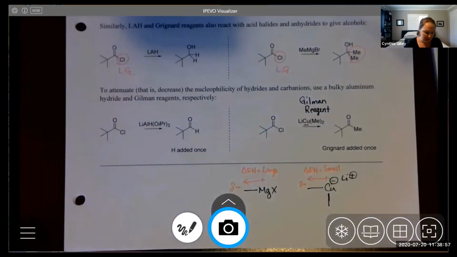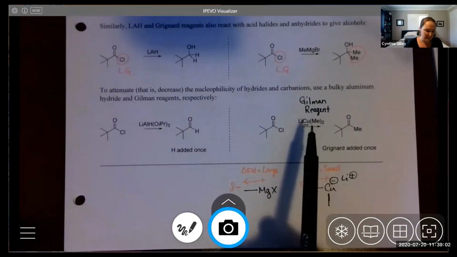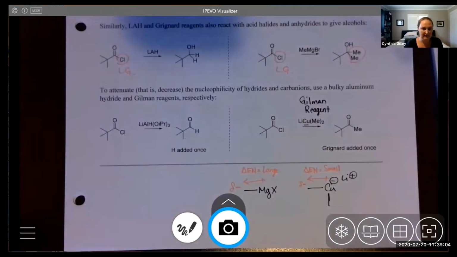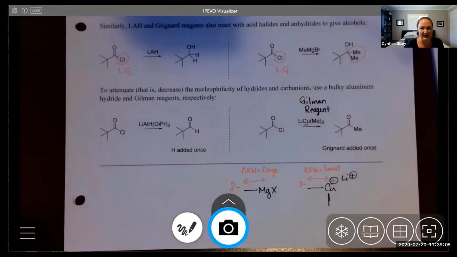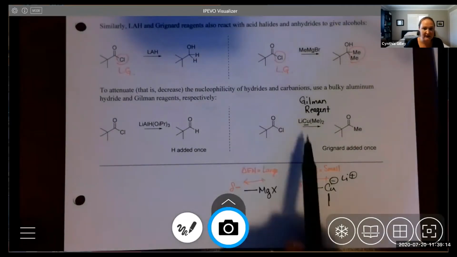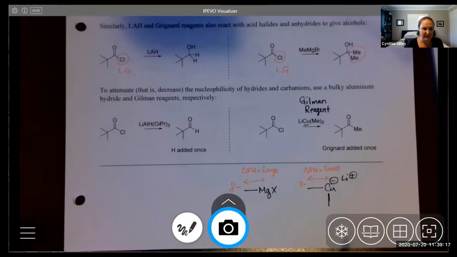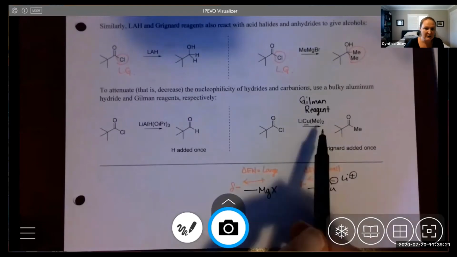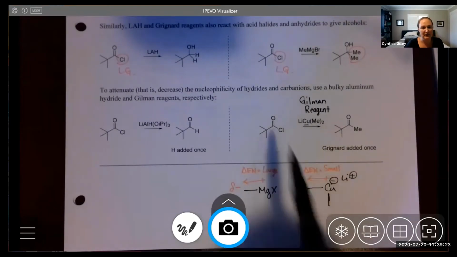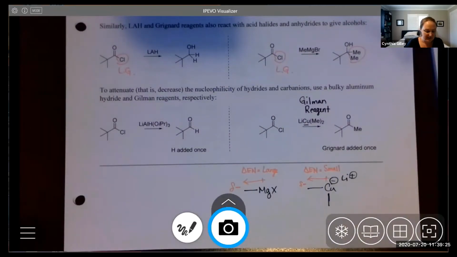But look at what the Gilman reagent does. It's a strong enough nucleophile that it will attack the acid chloride. The chloride would leave to generate a ketone, but it doesn't attack the ketone. Why does that work? Because the acid chloride is more electrophilic than the ketone. This is a stronger electrophile, so it will react with the weaker nucleophile of the Gilman reagent, but the ketone doesn't.